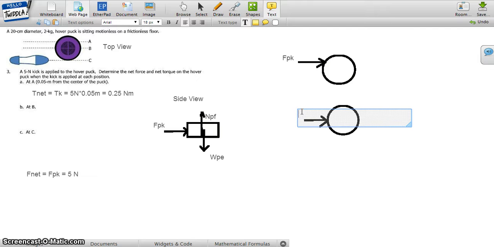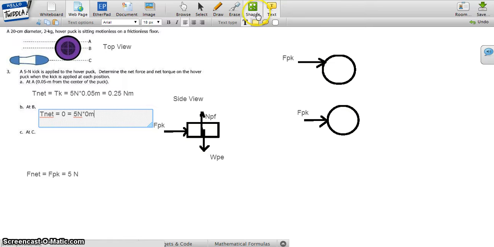Force on the puck from the kick. The lever arm for that is going to be 0, and so the net torque for this one is 0. T net equals 0, and that's because you still have the 5 Newton kick, but it's going to be multiplied by 0, the lever arm.